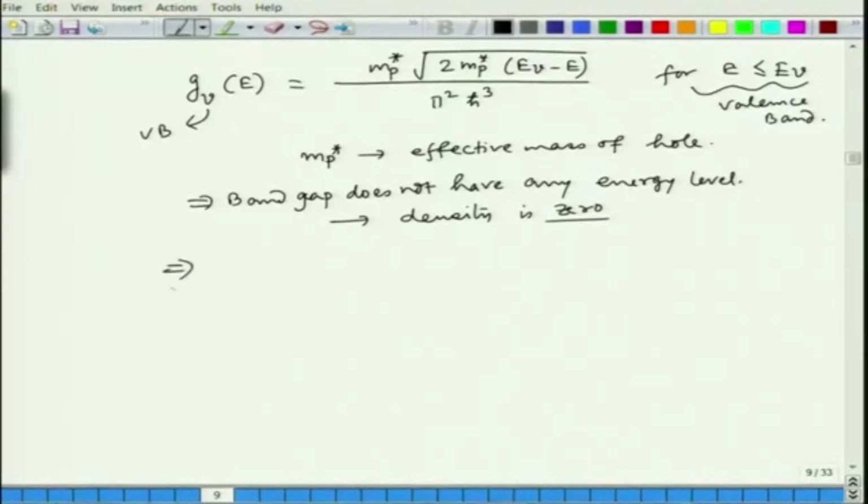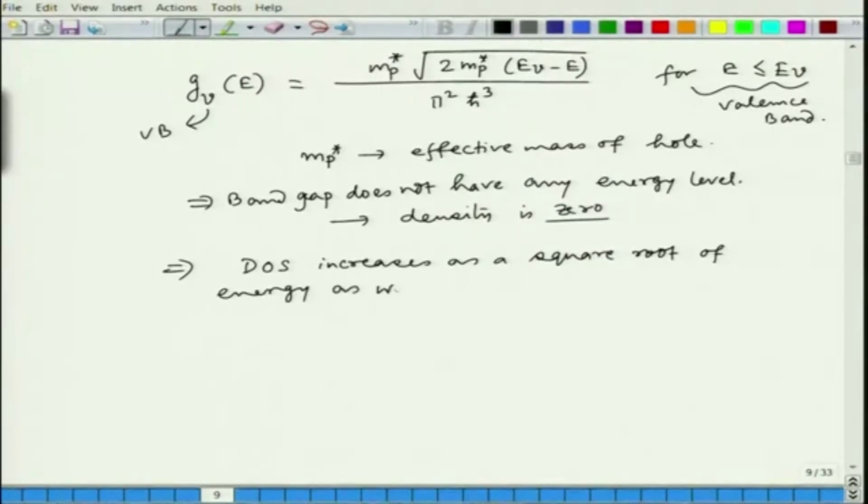So, also note here that the density of state increases as a square root of energy as we go away from the band edge. For either valence band or conduction band, if you go away from the band edge, then the density is increasing.